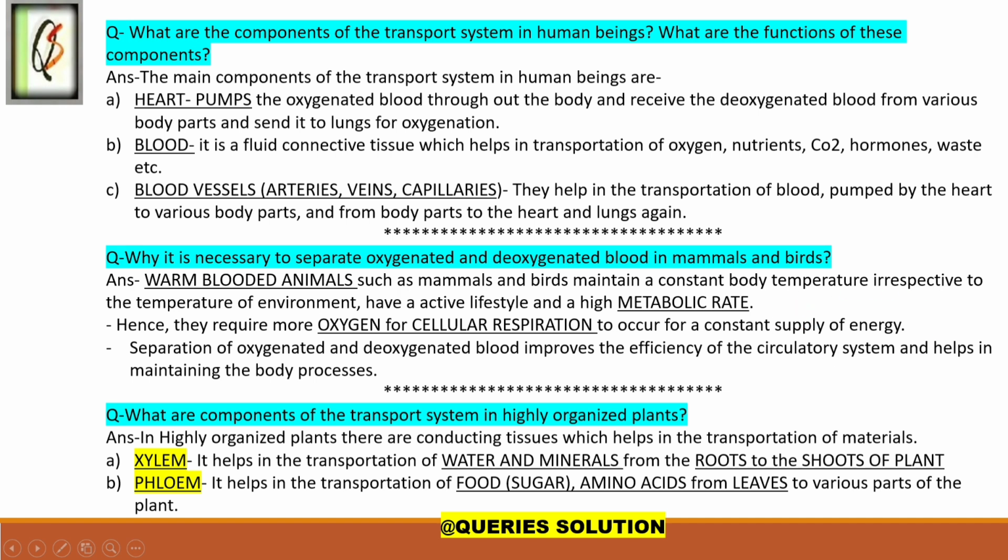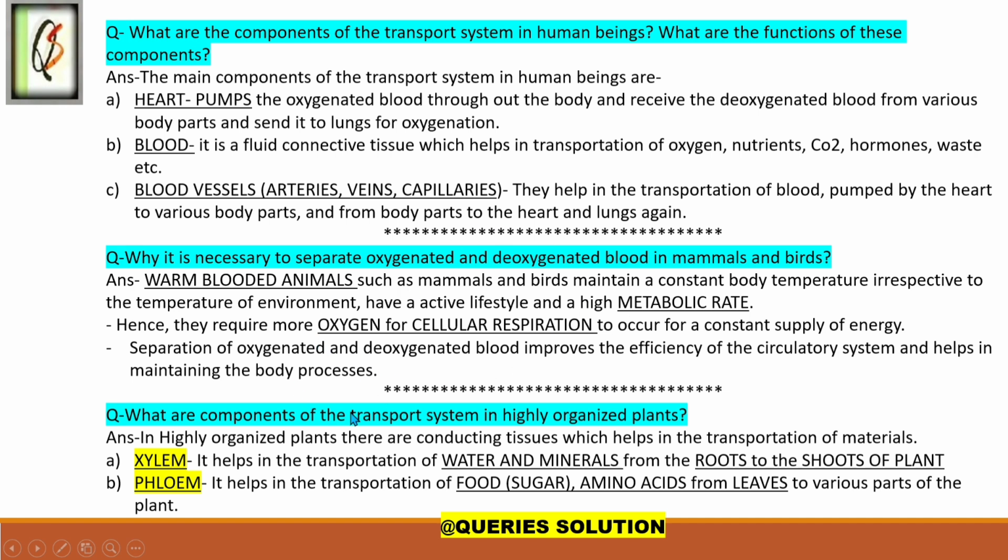So basically, to maintain a body temperature, to maintain an active lifestyle, to maintain a high metabolic rate, what do we require? We require a constant supply of energy. We require a constant supply of oxygen so that respiration can happen and we get energy out of it. And separation of oxygenated and deoxygenated blood will improve the efficiency of the circulatory system, which will help us in maintaining all the important body processes that we are discussing above in the question.